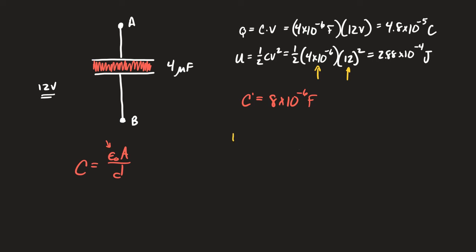You're going to have new capacitance of 8 times 10 to the negative 6, and the voltage is 12. So since the capacitance doubled, what's that going to be, 5.96 times 10 to the negative fourth joules, which meant you would have to push that dielectric in between the plates of the capacitor.